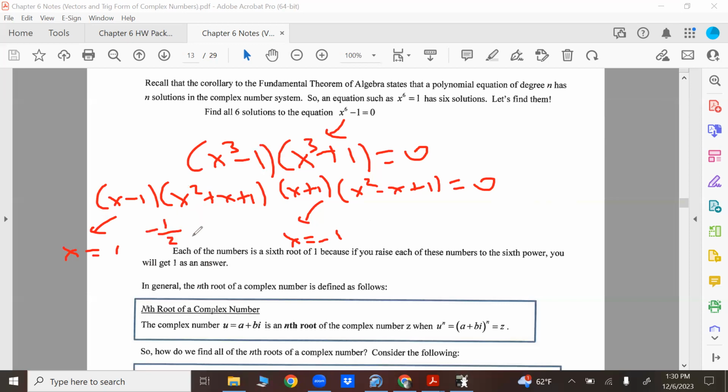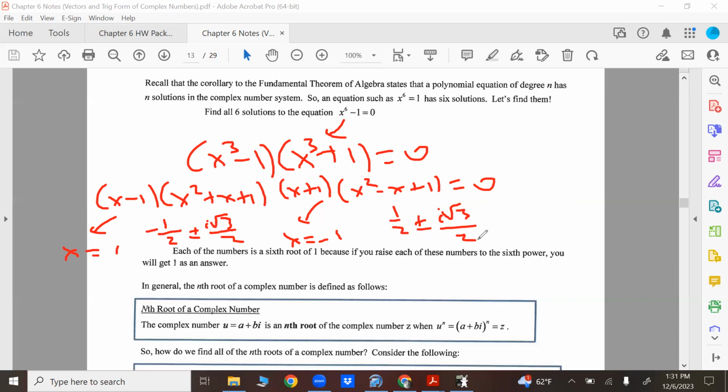Okay, next slide, please. So this gives us 6 solutions, because if I did the difference of squares, then difference of cubes and sum of cubes, then you got these quadratics, and you use the quadratic formula for each of those, and you get the complex solutions.